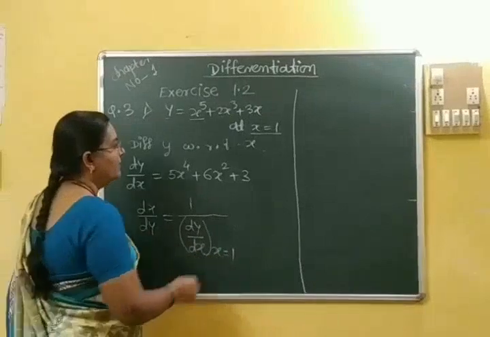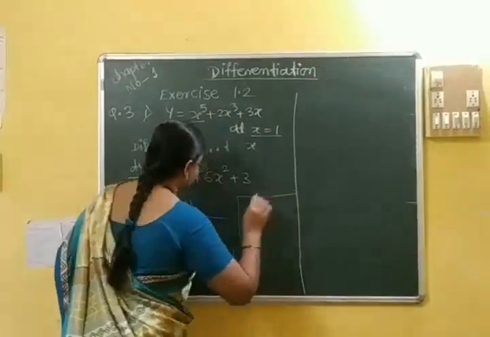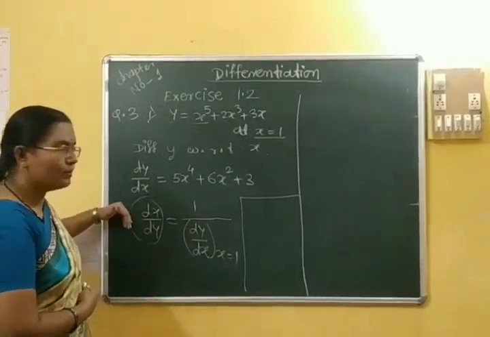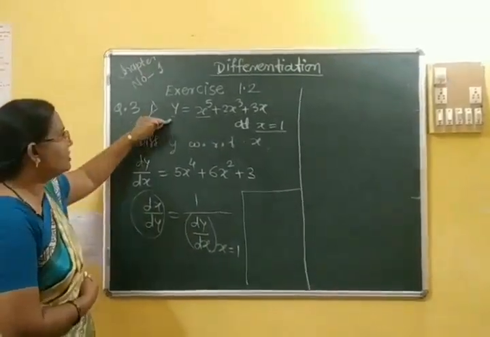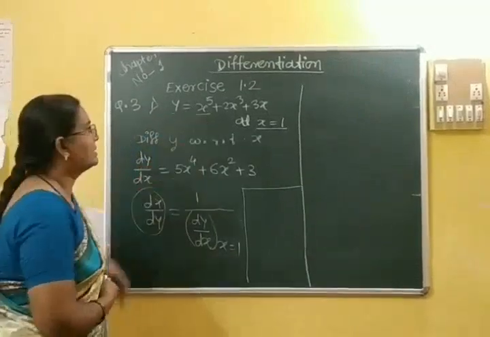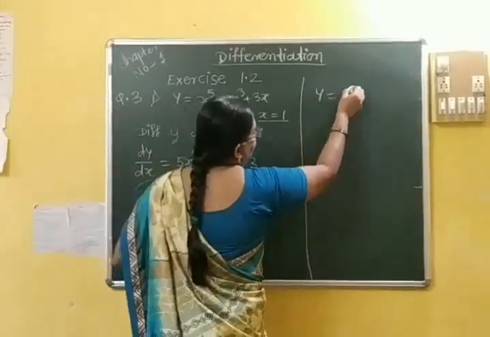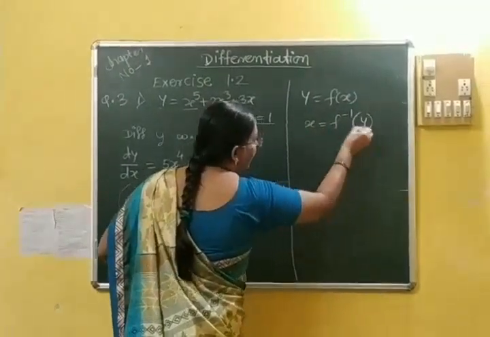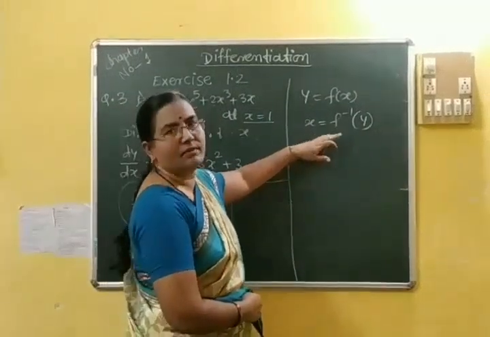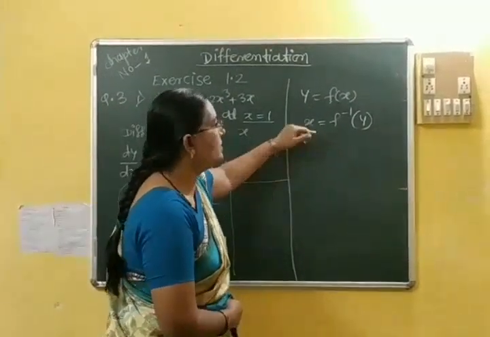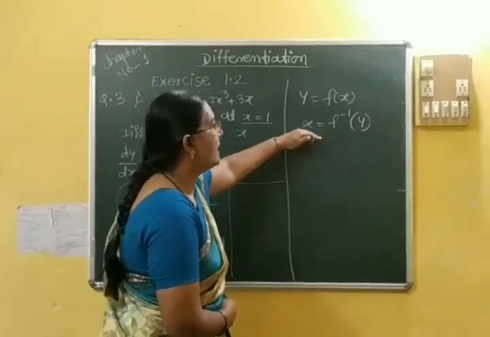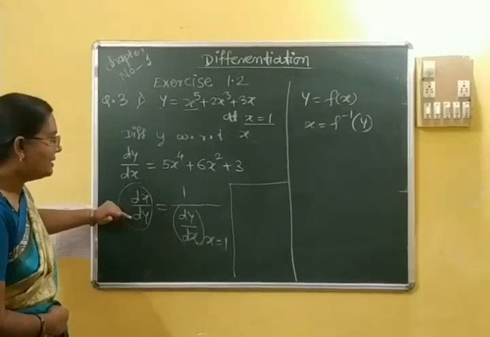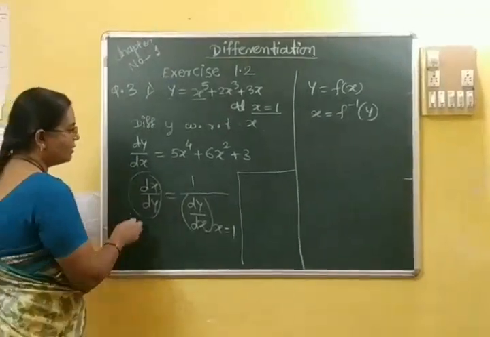Then we have to find what y is, because this is the derivative of the inverse function of the given function. y is equal to f of x and x is equal to f inverse of y. This is the inverse of the given function, and we find dx upon dy at y is equal to what value of y?